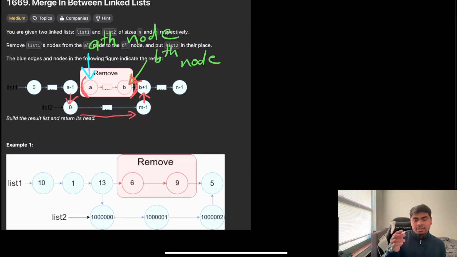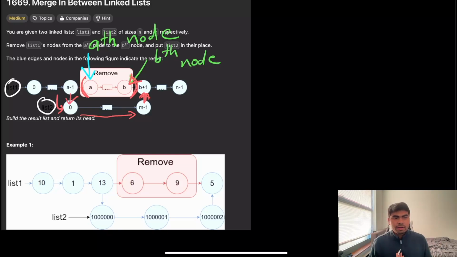We point its next to list 2's head, and we traverse list 2 and point its tail to the bth indexed node. Remember, these are already well-created lists, so it's all about changing the pointers, and we are storing the nodes just for reference, so that we can refer to a node using its index in list 1, point the next pointer to list 2, and from list 2 to list 1's bth index.